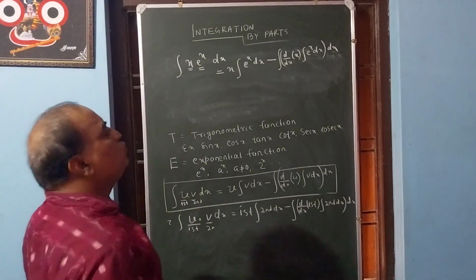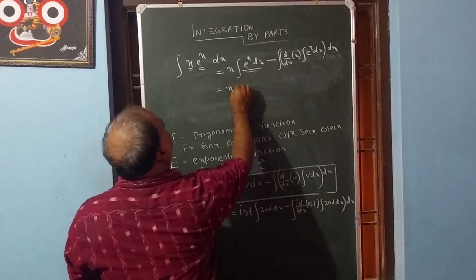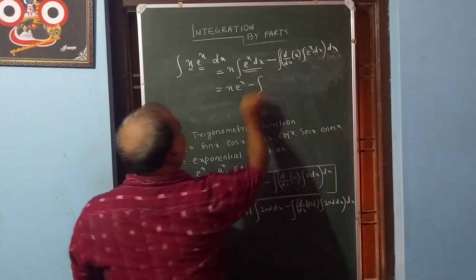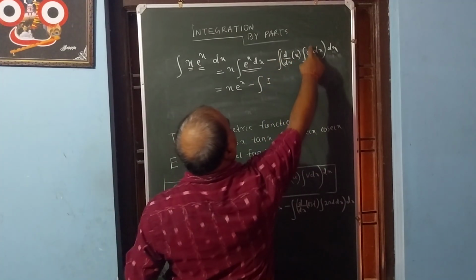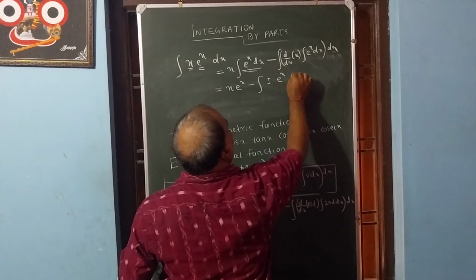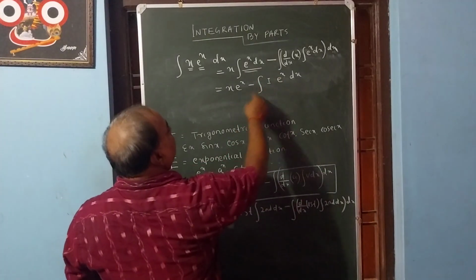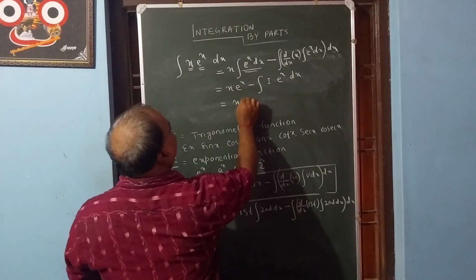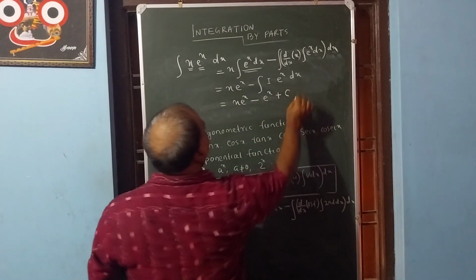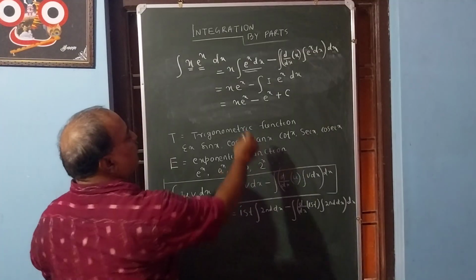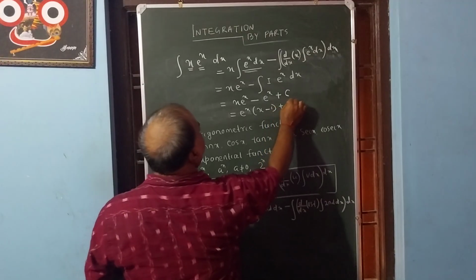We know the integration of e to the power x is e to the power x. So x e to the power x minus integration of, derivative of x is 1, so you write 1 times integration of e to the power x, that is e to the power x, whole into dx. Again the integration of e to the power x gives x e to the power x minus e to the power x plus c. Now taking e to the power x common, that is e to the power x times (x minus 1) plus c.